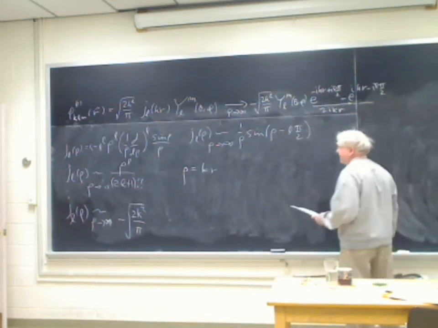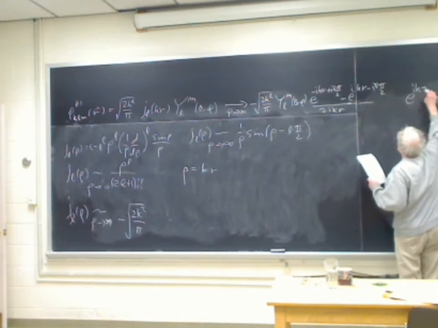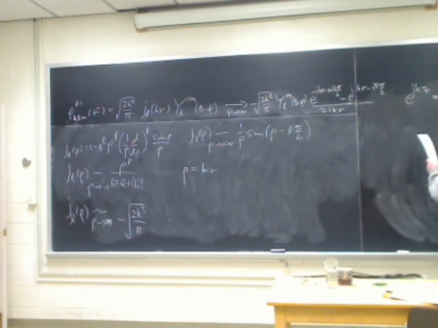There's a famous expansion for e to the i kz, and it's equal to the sum l equals 0 to infinity i to the l square root of 4 pi (2l+1), and then j_l of kr, Y_l0 of theta.